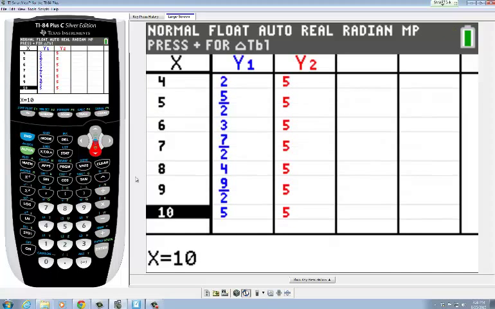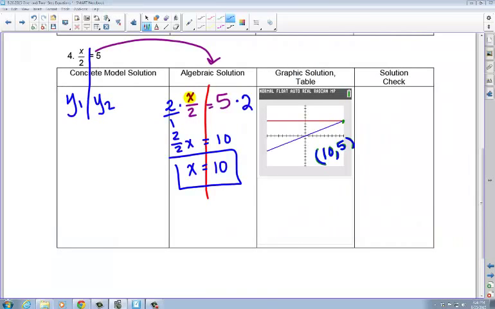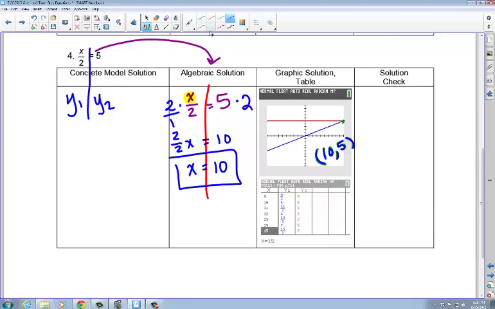And yes, 10 is x when y1 and y2 are both equal to 5. So I'll write my table down and I'll highlight it. X is 10 when y1 and y2 are both equal to 5.